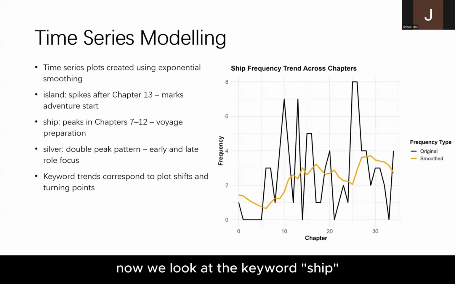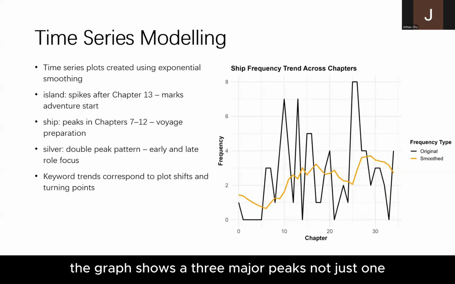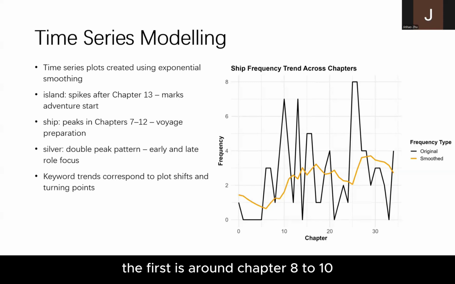Now we look at the keyword ship. The graph shows three major peaks, not just one. The first is around chapters 8 to 10, during voyage preparation. The second peak is near chapter 19, likely reflecting tensions or conflicts on board.